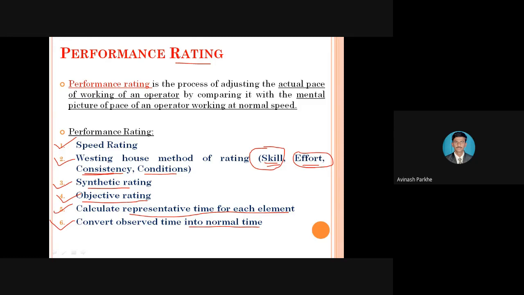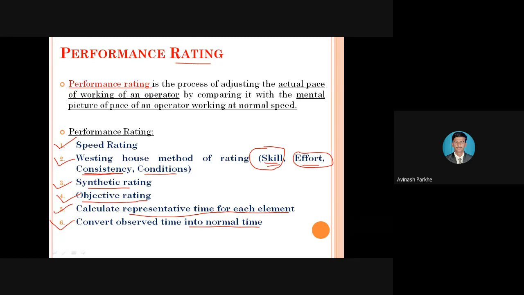Sometimes your normal time is equal to the observed time. You have to complete this task within 1 hour, and the operator is completing that task in 1 hour only. Normal time of 1 hour is assigned to each and every worker in that industry. For example, there are 50 lathe machines, and on each machine one operator. The instruction is that all operators have to complete that work within 1 hour.